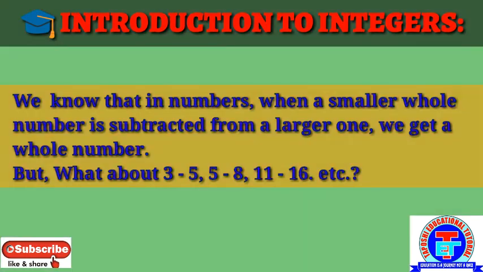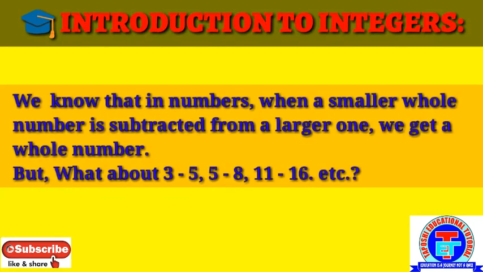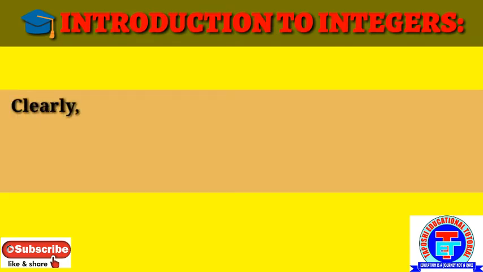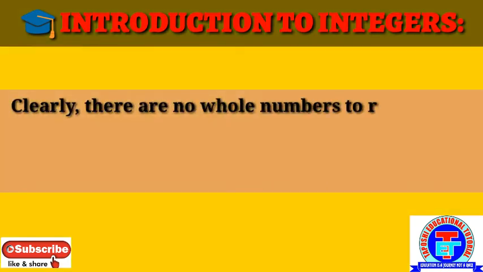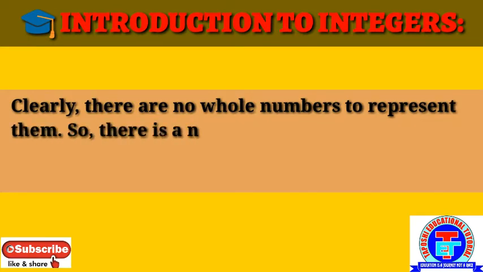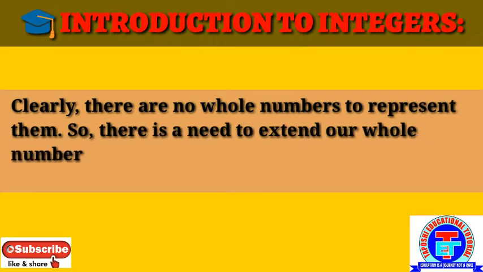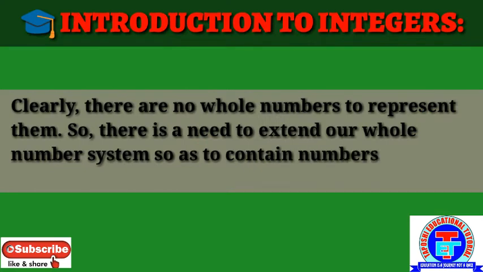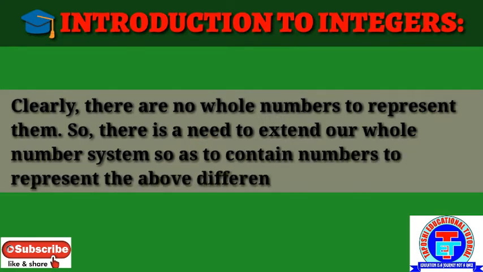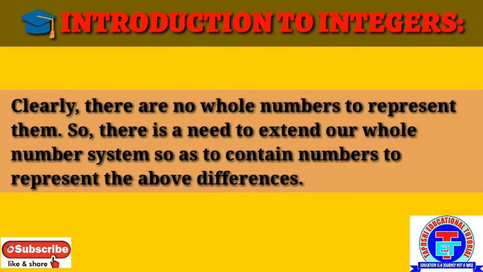But what about 3 minus 5, 5 minus 8, 11 minus 16, etc.? Clearly, there are no whole numbers to represent them. So there is a need to extend our whole number system so as to contain numbers to represent the above differences.